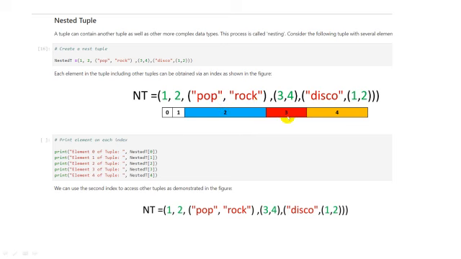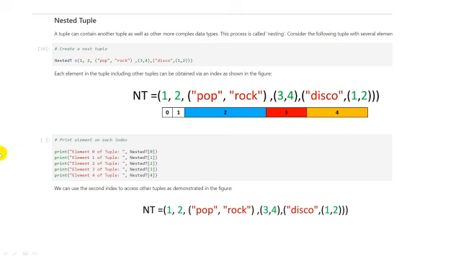Then 3 and 4 is another tuple at index 3, and the last one, at index 4, is the tuple disco, (1, 2). Why is this one tuple? Because inside it is another tuple, and this parenthesis and this parenthesis make it one tuple, which is index 4, and finally the closing parenthesis for the whole tuple.